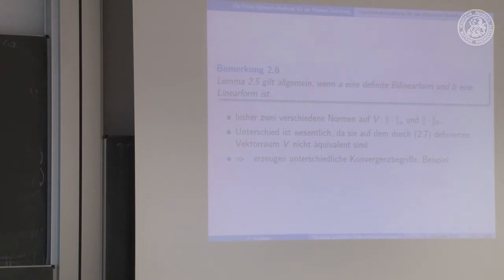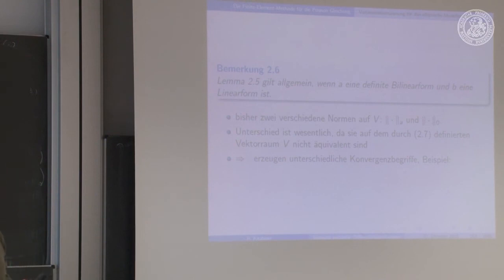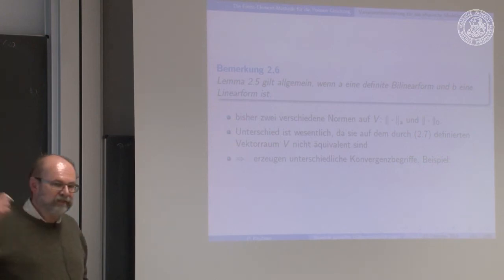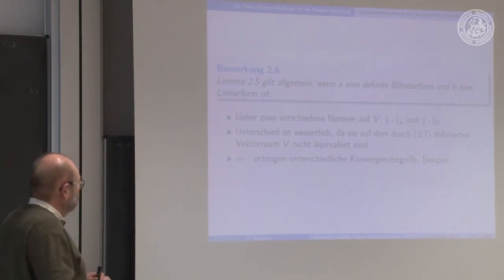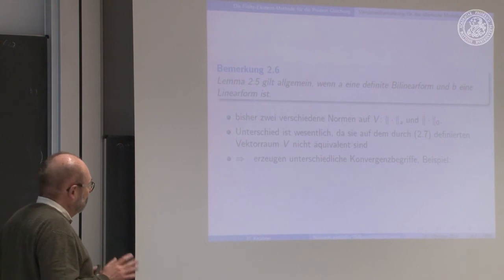But this need not be true, and generally is not true, in an infinite dimensional space. And it's also not enough to know, as we saw already with the finite difference method, if we look at finite dimensional spaces, but we look at a whole family of finite dimensional spaces with increasing dimension. The same situation appears here. Those two norms can be compared to each other, but they are not equivalent.